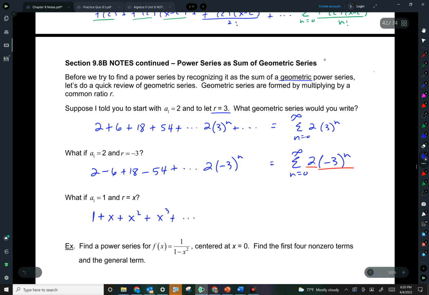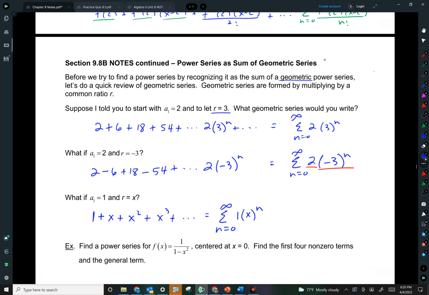And if I think of this as a geometric series, I could say the sum as n goes from 0 to infinity of a times r to the n, so it would be like 1 times r to the n. And of course, you don't have to write that 1, but I just wanted you to see the a and the r to the n. And so this time it becomes a polynomial, right? Because of the fact that our common ratio was x.